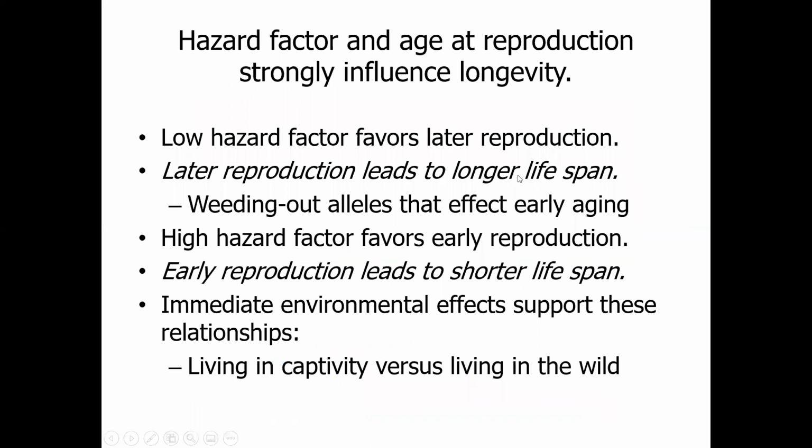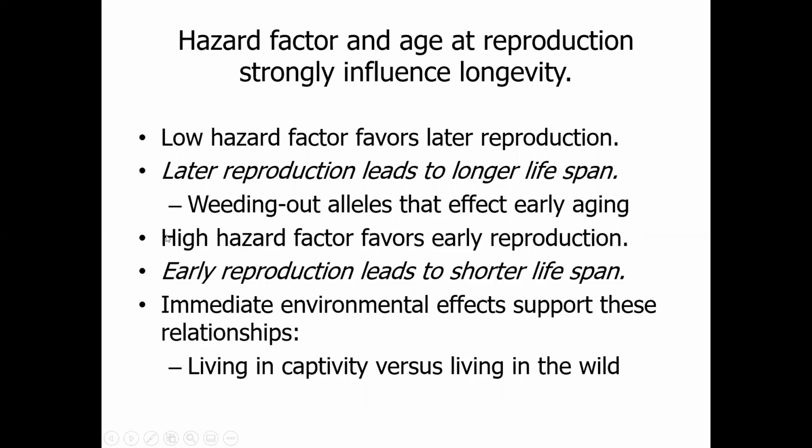If you have a low hazard factor, meaning you're going to live many, many years, you're going to favor later reproduction because you have time to invest in growth and getting bigger, and ultimately making sure that you don't die in a short period of time. So you can delay reproduction and put more energy into it in order to produce successful offspring. And because they have later reproduction, they ultimately have longer lifespans.